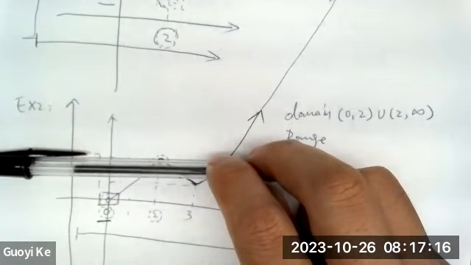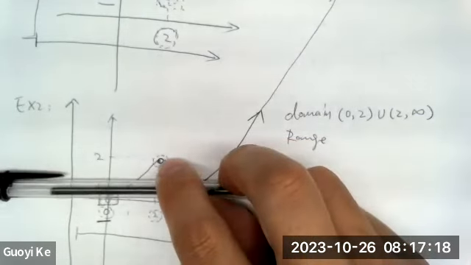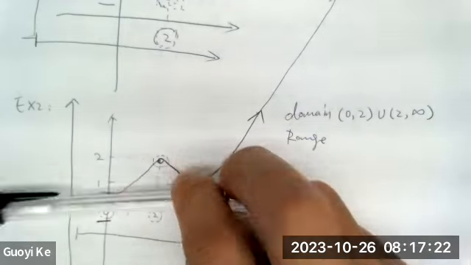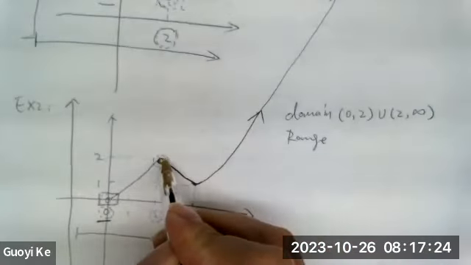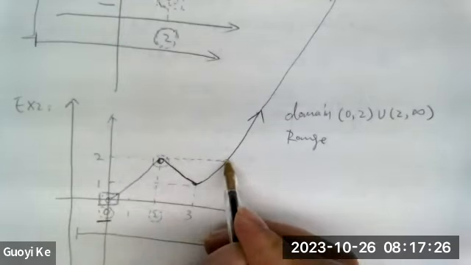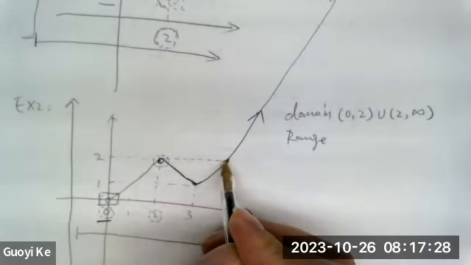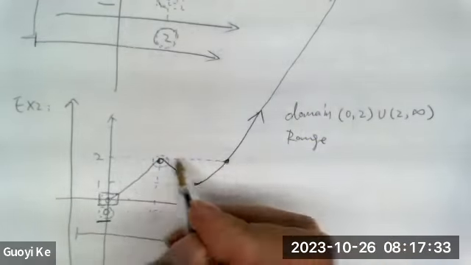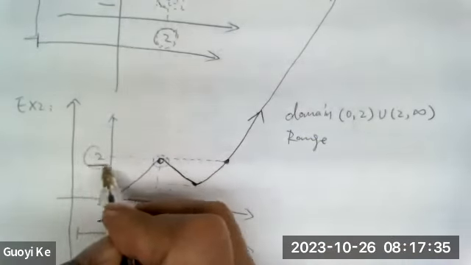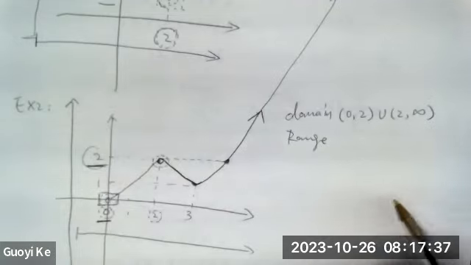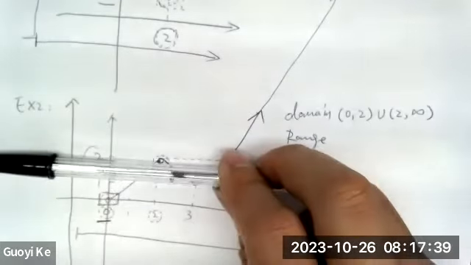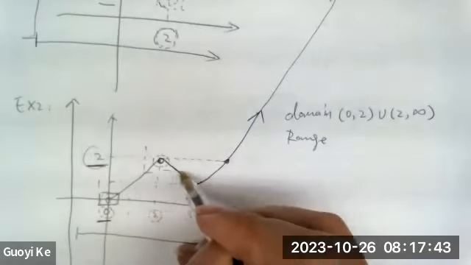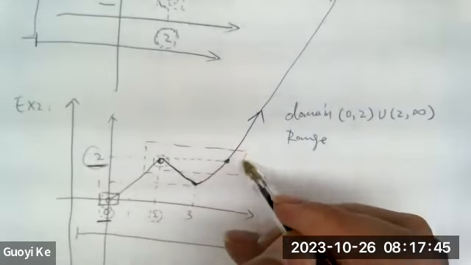We stop here because we can see there's an open circle. However, here's the tricky part: when you draw a horizontal line, you will find another point, and this point covers this y value too. So we don't need to stop here. That's the only tricky part that you need to memorize.